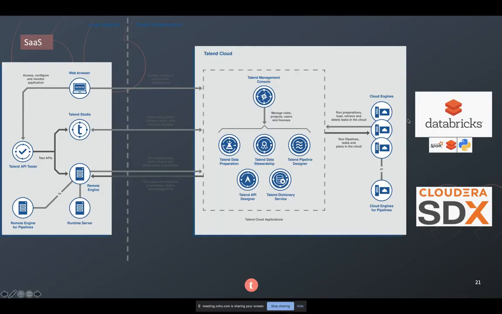Here I placed also Databricks and Cloudera, because another very appealing concept is externalizing the computation power.